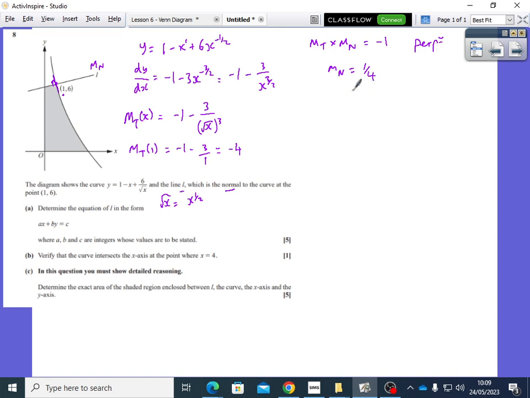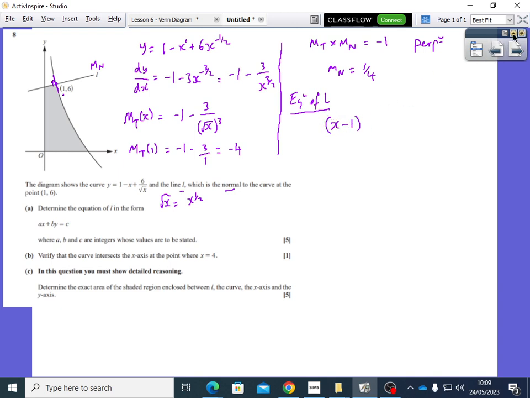Okay, once we got that, I'm just going to put a line here so we're not getting confused with the working out. Now we just need to put the coordinates, because this is the gradient, and to get the equation of L, it goes through the point. So I'm going to put equation of L is going to be x minus this coordinate, which is 1.